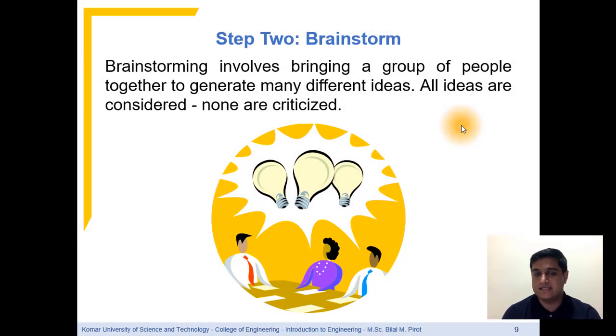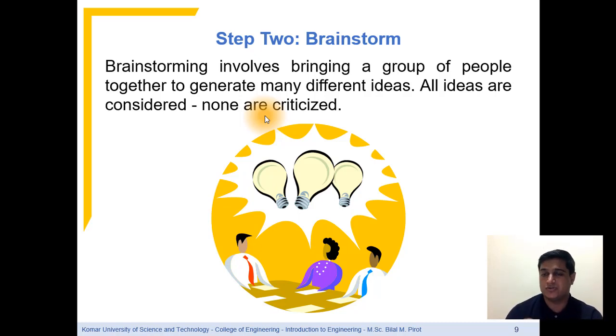Step two is brainstorming. Brainstorming involves bringing a group of people together to generate many different ideas. All ideas are considered, none are criticized. Brainstorming is a step where you are collecting ideas, collecting different opinions for this specific type of problem, because the ideas of people may change, and every individual will have a specific point of view that may be important for solving this type of problem.